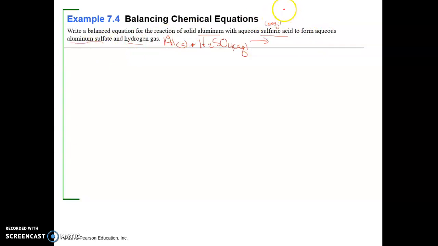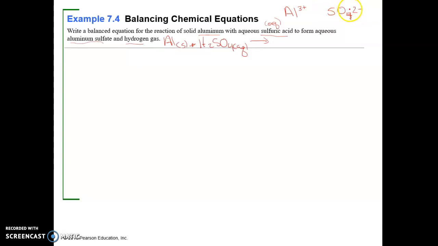If you remember from the nomenclature chapter, aluminum has a 3+ charge. Sulfate is a polyatomic ion, and that is SO4 2-. That's a 4. So how would these go together and be balanced?